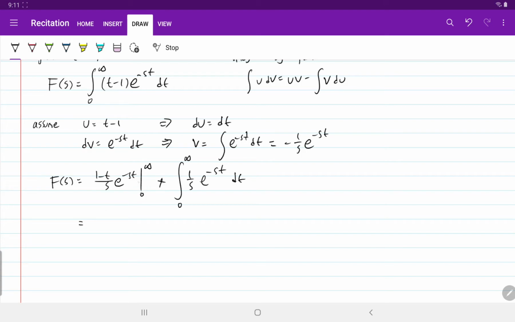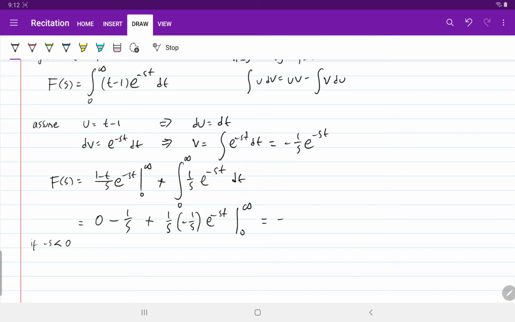0 to infinity, and then you substitute here again. Assume that if minus s is less than 0, or negative, then as t goes to infinity, st goes to infinity and this term is approaching 0. We have 0, then minus, we substitute 0, this term becomes 1, this becomes minus 1 over s, and then plus this integral, 1 over s times minus 1 over s e to the power minus st, infinity to 0.